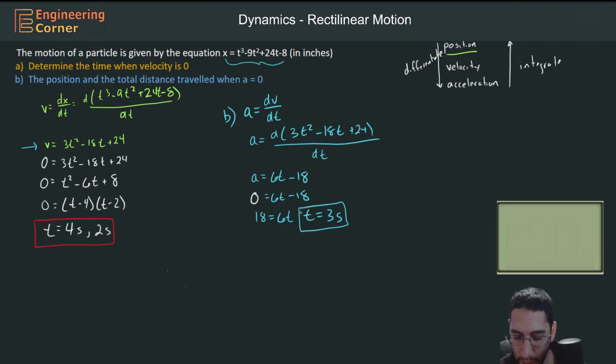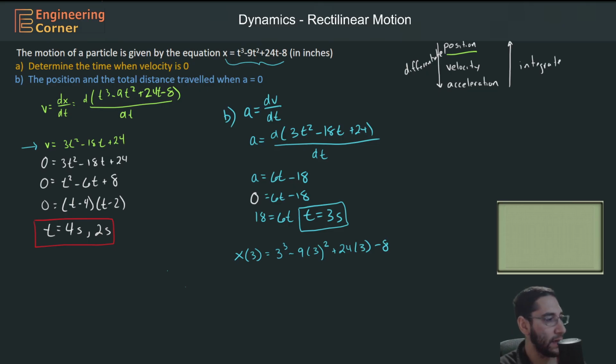Okay, so at t is equal to 3 seconds, we need to figure out what my position is. So my position, x of 3 seconds, is going to be 3 cubed minus 9 times 3 squared plus 24 times 3 minus 8.